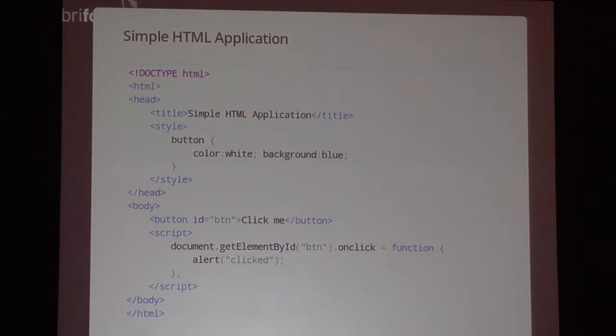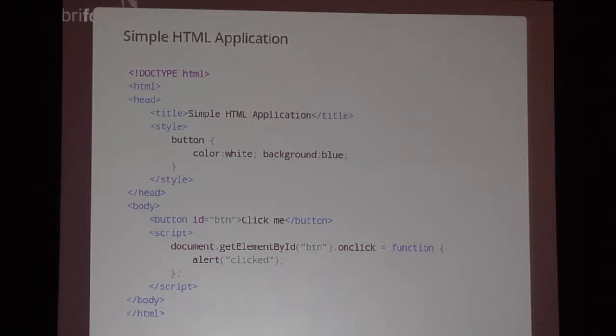Okay, so here's a very quick example of a very short HTML application. We see a doc type on the top saying this is an HTML document, the HTML tag, the head section with a title, so that's what you see on the browser title on the top, on the tab. You have a style which basically says that buttons on this page should have a white text color with a blue background color.